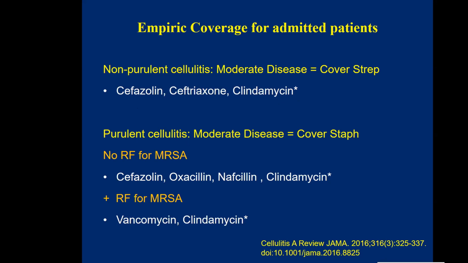So if my patient has risk factors for MRSA, then you want to do vancomycin or Clinda. And if the patient has no risk factors for MRSA, then you don't need vancomycin. You can do cefazolin, oxacillin, nafcillin, or Clinda. Or you could do Clinda to everyone and just cover everything. But no, we don't like that. So if you have risk factors for MRSA, then vanc, not cefazolin or ceftriaxone.